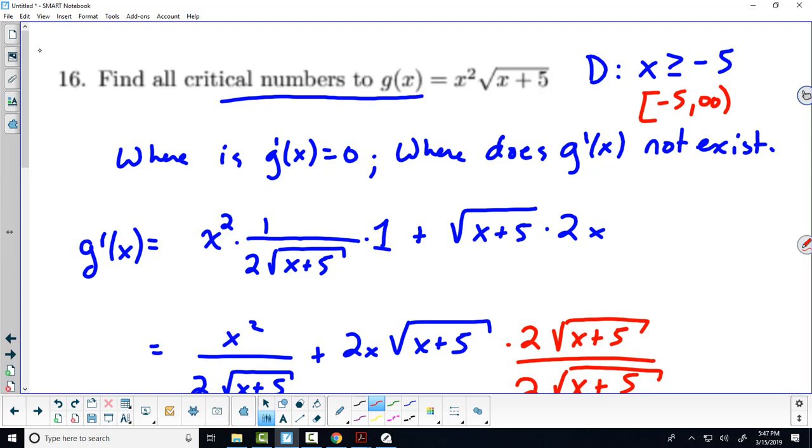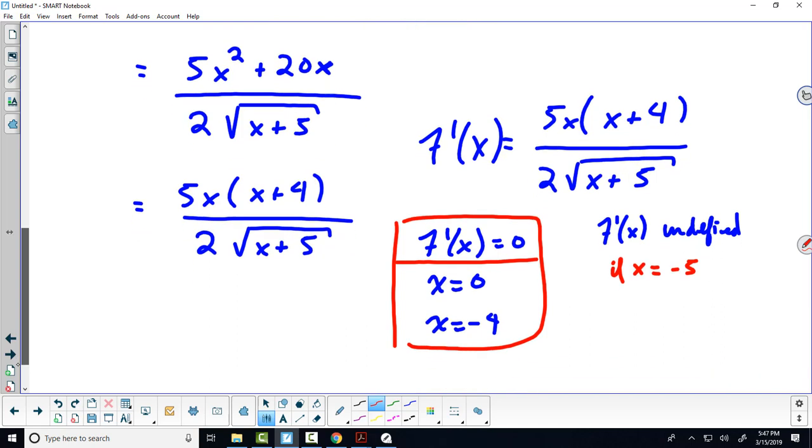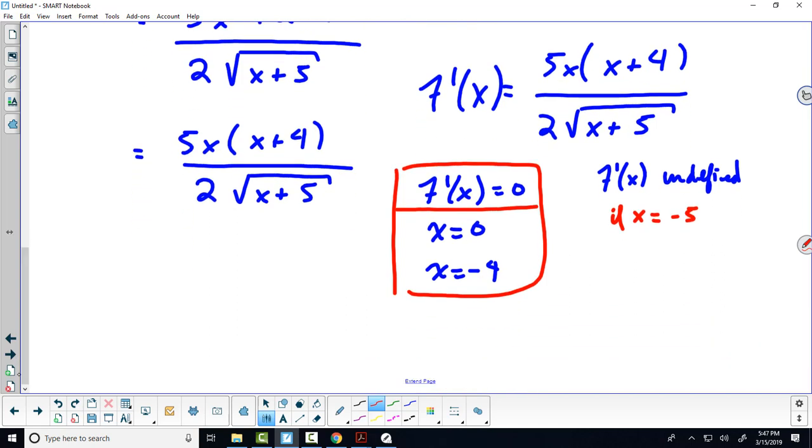There's the domain of this function. And so what do we know about negative 5? Well, even though negative 5 is a place where the first derivative does not exist, it's also an endpoint. Okay? So even though it's a place where the first derivative is undefined, that is, I cannot plug a negative 5 into that expression because that would result in a 0 in the denominator, it's not going to be a critical number.